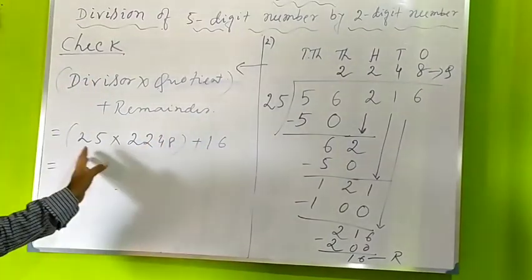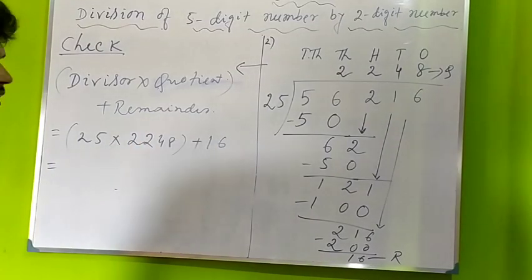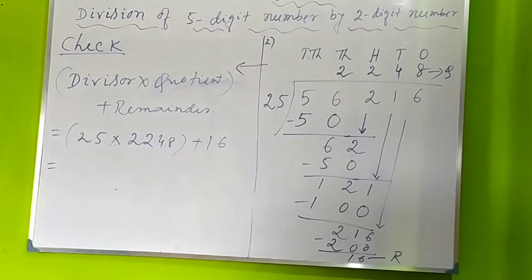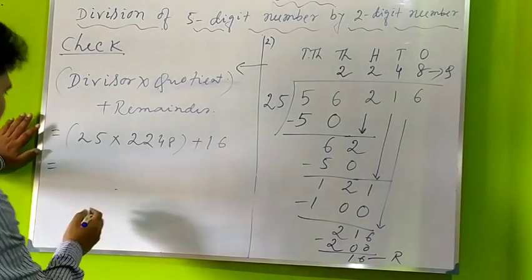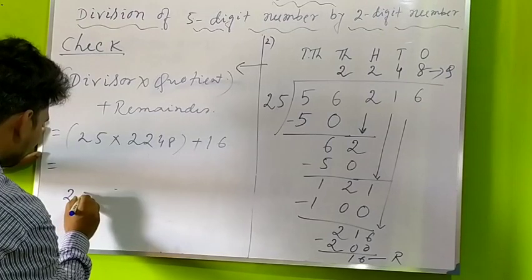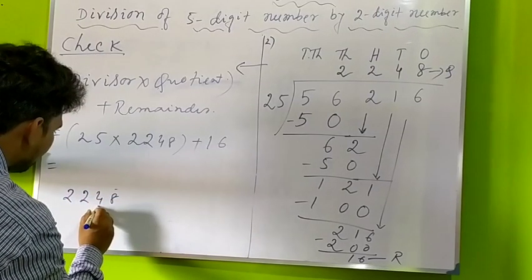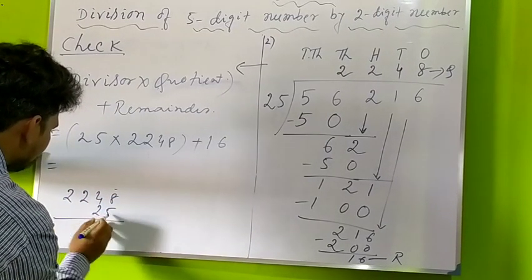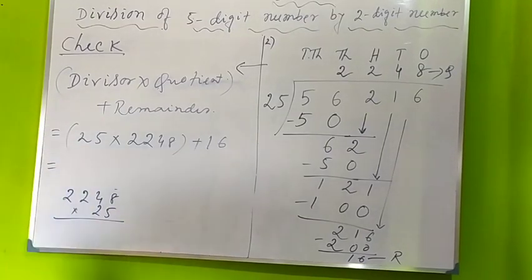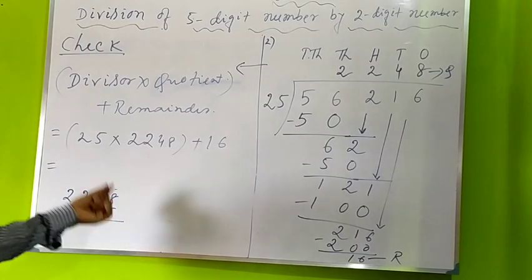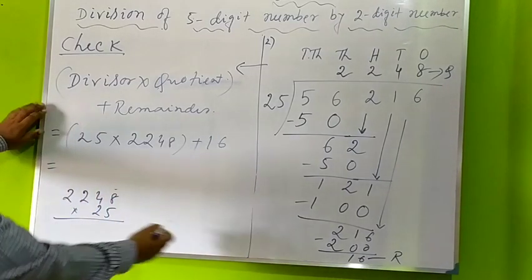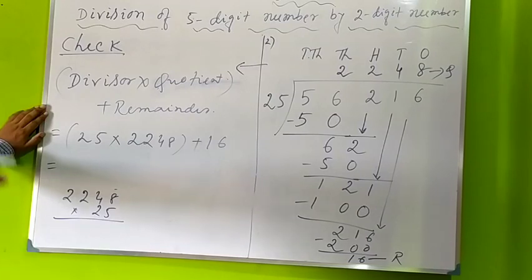So at first you multiply 2248 by 25 and check what you will get. Let's see, 2248 multiplied by 25. That is the multiplication table of 25, so I do this directly. 8 into 25, that is 200.